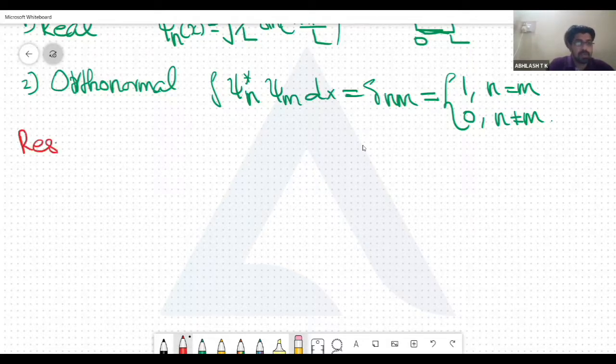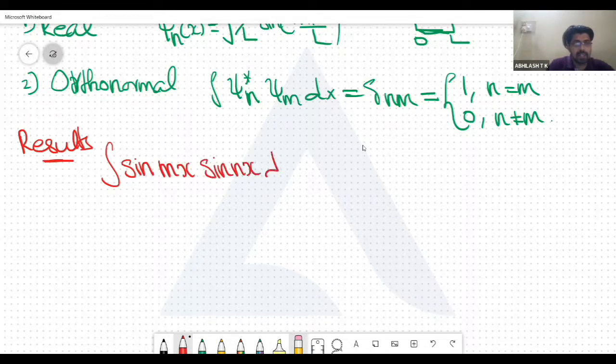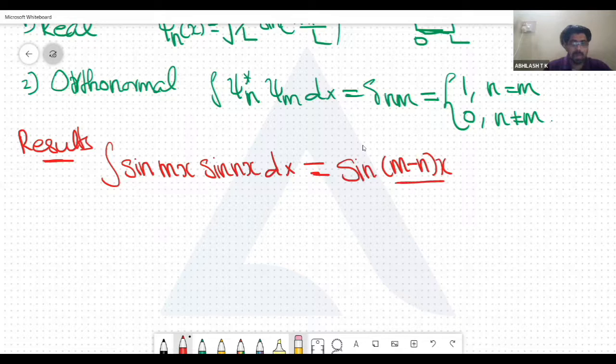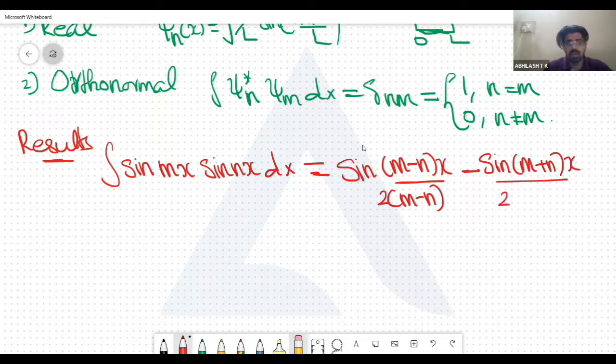The integral of sine mx sine nx dx equals sine (m minus n)x divided by 2(m minus n), minus sine (m plus n)x divided by 2(m plus n).